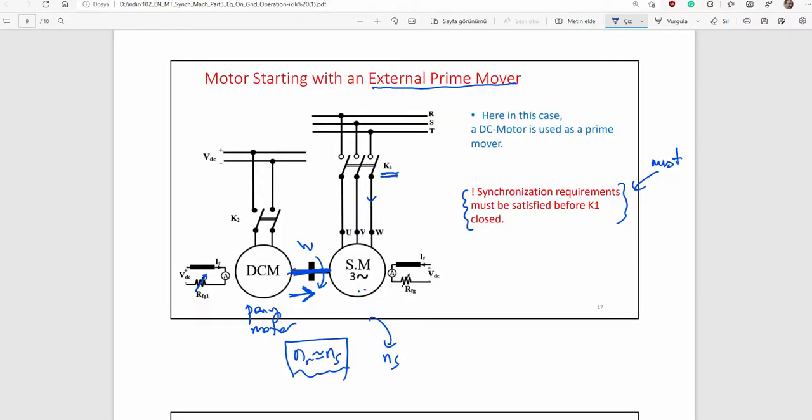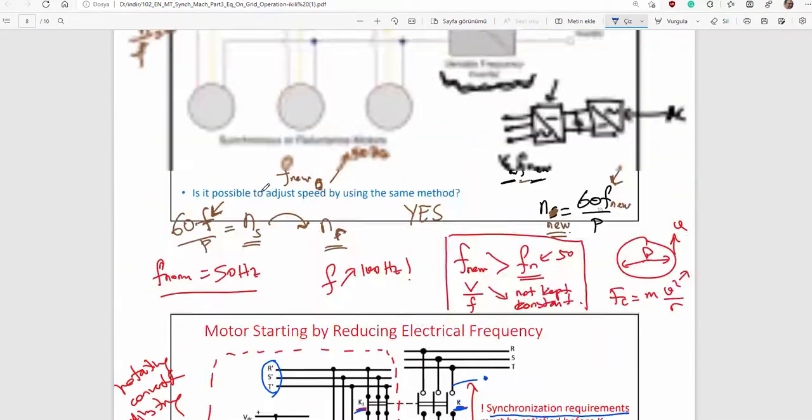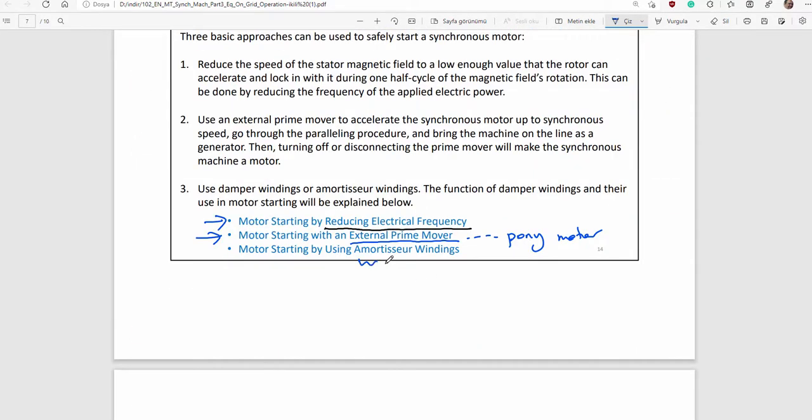Okay, so let's continue with the third method. In fact, I have already mentioned this. Remember, there were amortisseur windings in the system, or we call them damper windings. There were two purposes. One is damping oscillation, but in a motor we use damper windings or amortisseur windings for startup purposes, for starting.